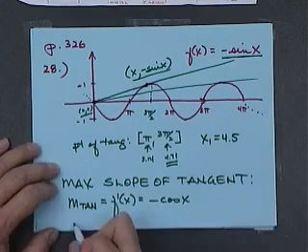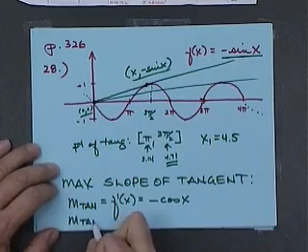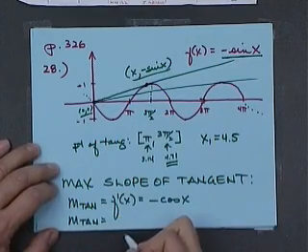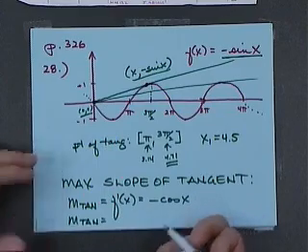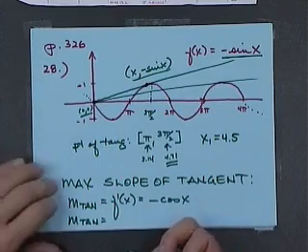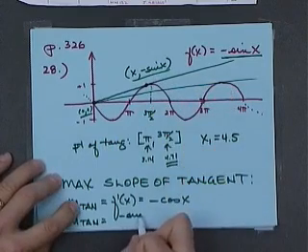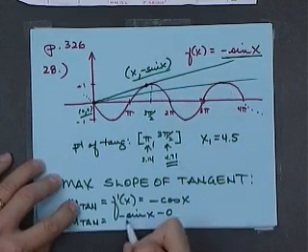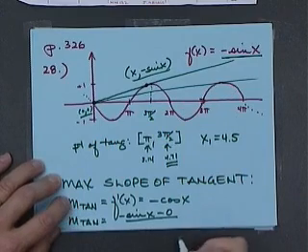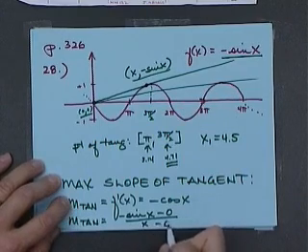So another way to get the slope of the tangent is to use the 2 points that we have: difference of the y's over difference of the x's. Difference of the y's, negative sine of x minus 0. Difference of the x's, x minus 0.